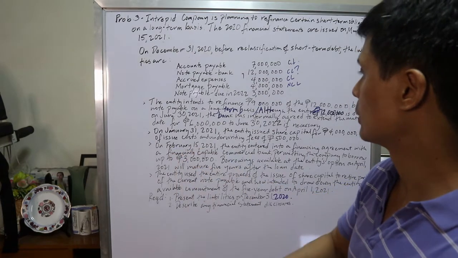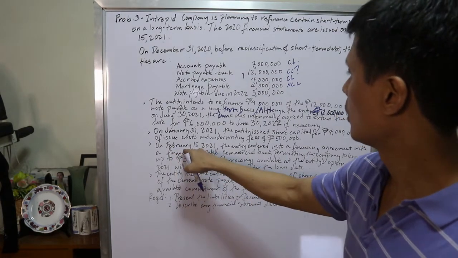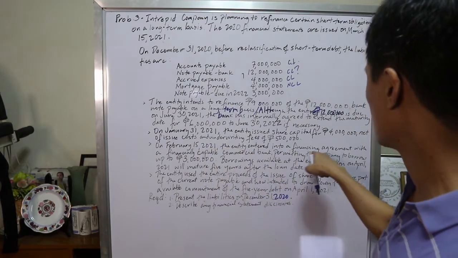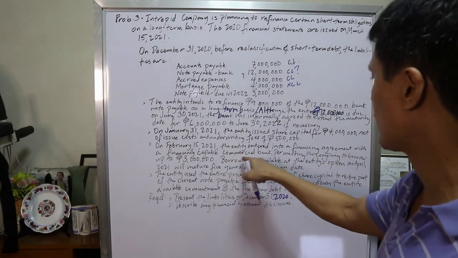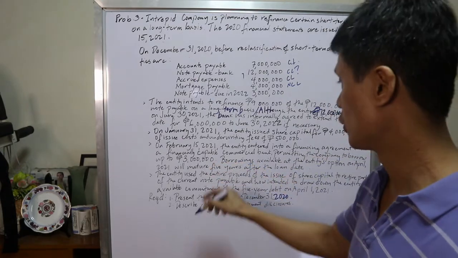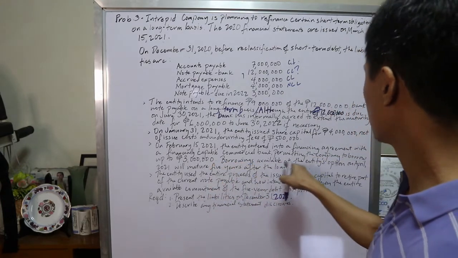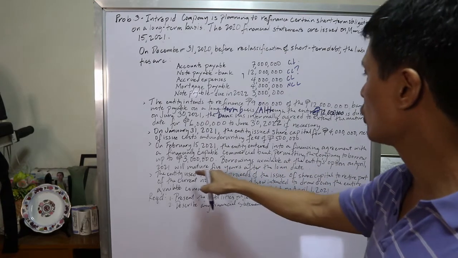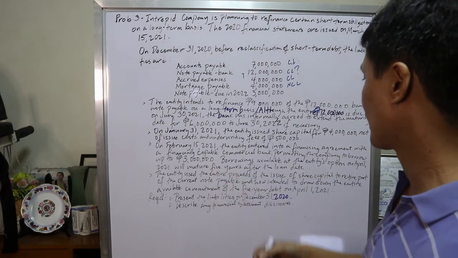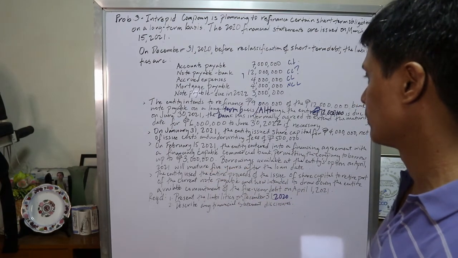On February 15, 2021, the entity entered into a financing agreement with a financially capable commercial bank permitting the company to borrow up to 3 million peso. Borrowings available at the entity's option on April 20, 2021 will mature 5 years after the loan date.